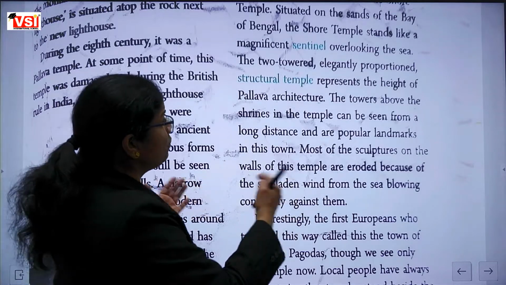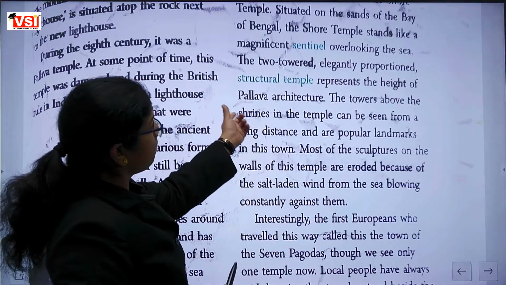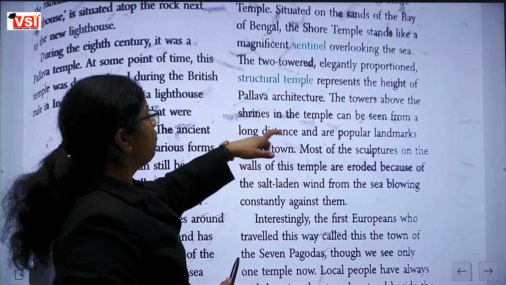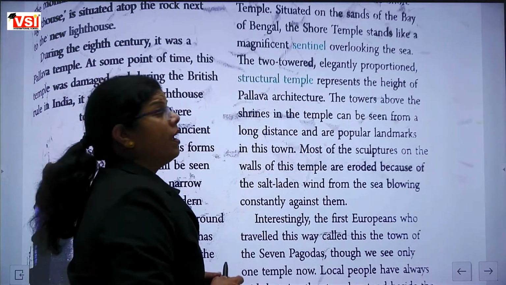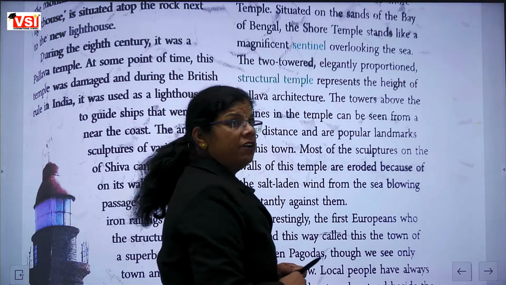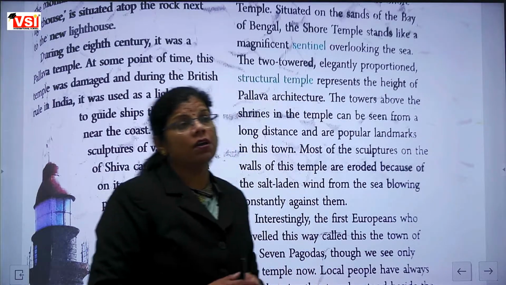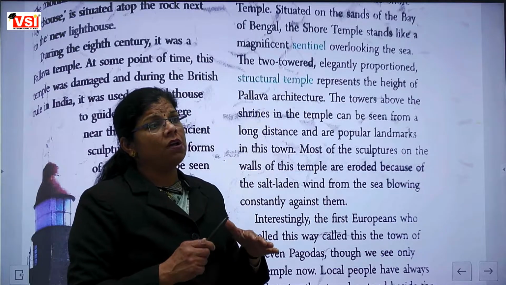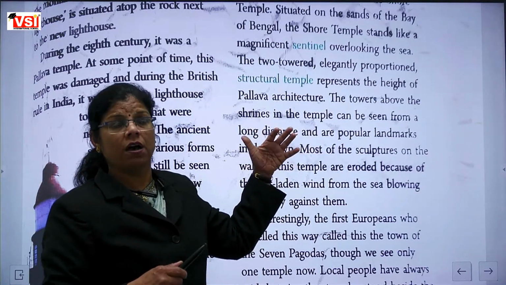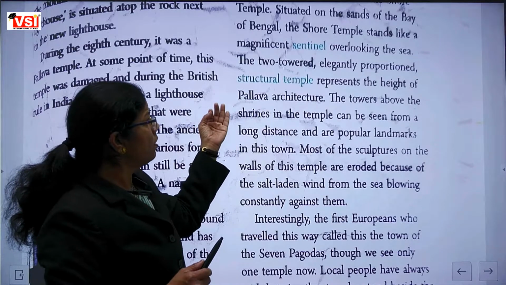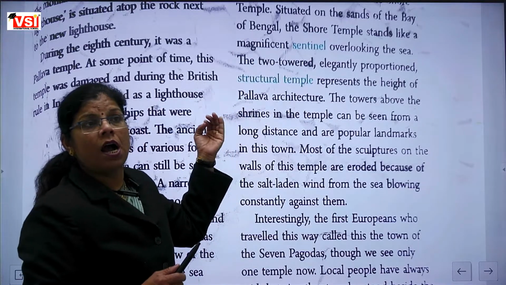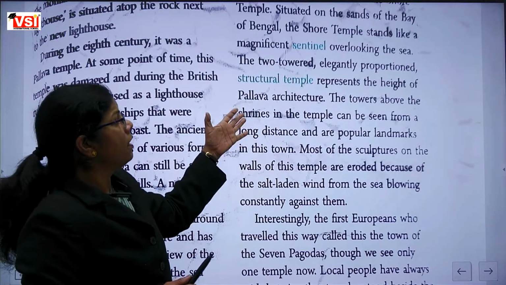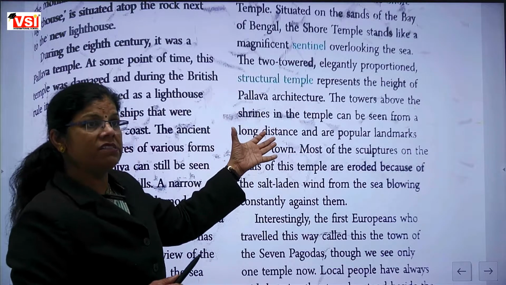Proportion means एक दूसरे के साइड में बनाए गए. Structural temple represents the height of Pallava's architecture. And these show the height of Pallava's architecture. Means पल्लव लोग जो थे उनकी कितनी हाई लेवल का आर्किटेक्चर था, कितना हाई लेवल का उनका स्कल्पचर मेकिंग आर्ट था उनमें. That kind that is shown by these temples.